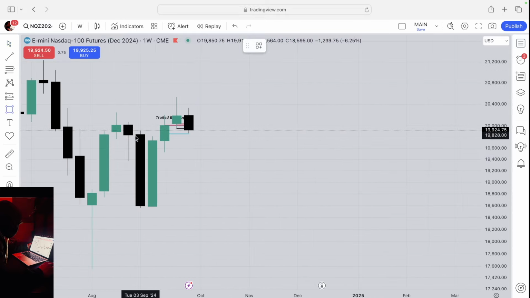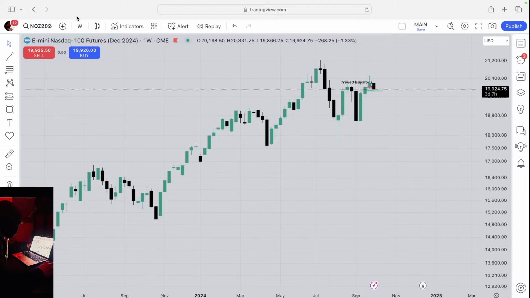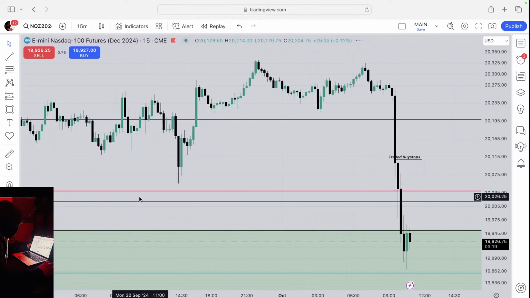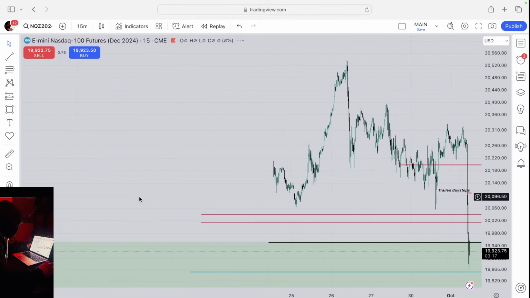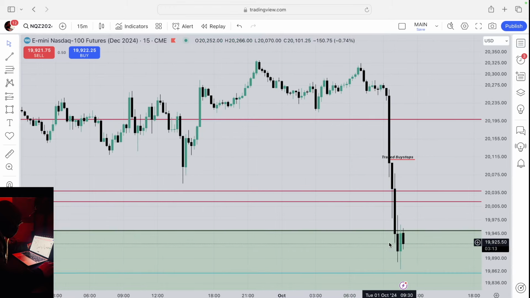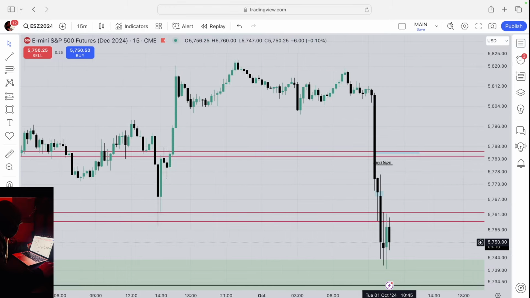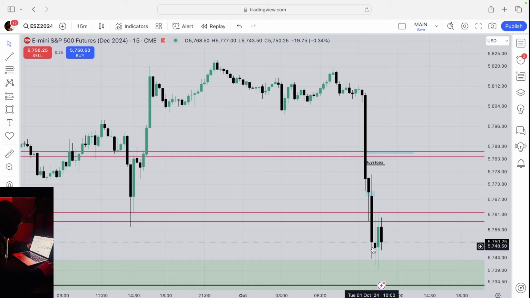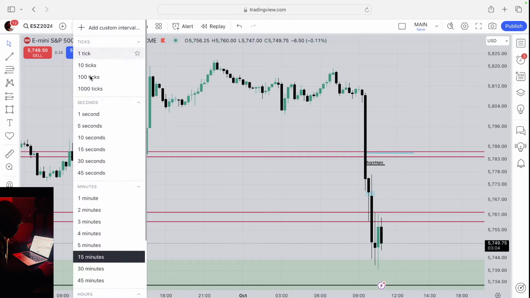Okay, not as pretty on NQ, but we still have it, okay? So daily low hovering here, we're about half of the weekly imbalance here. And then ES just kind of has 3 15-minute candles hanging at the high end of the weekly imbalance there.